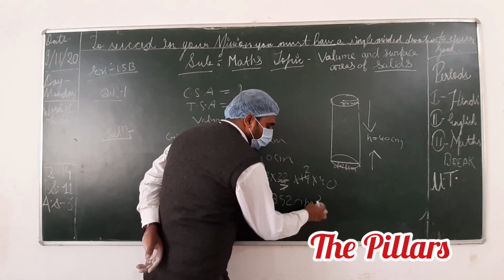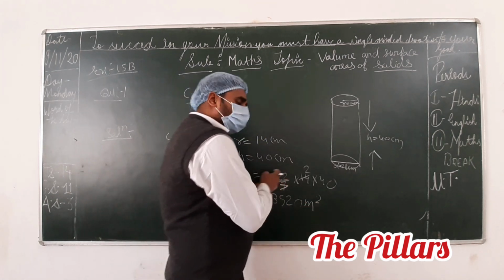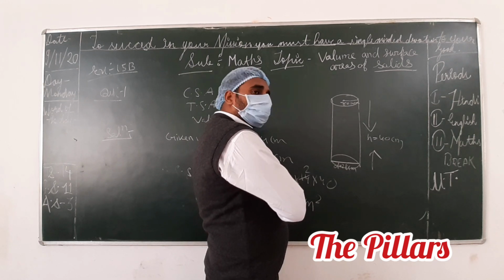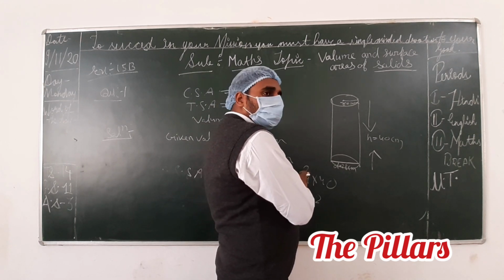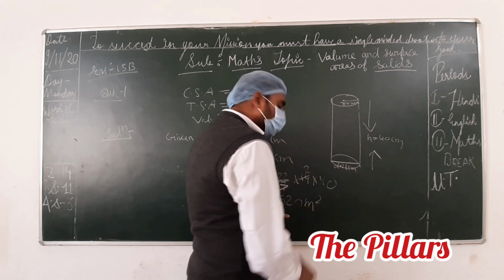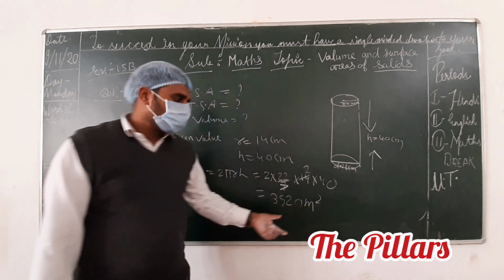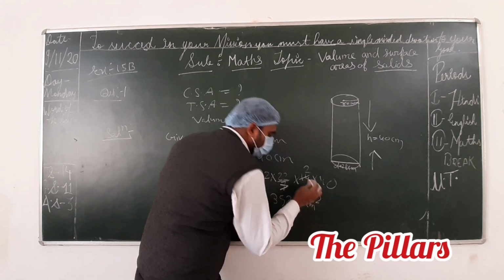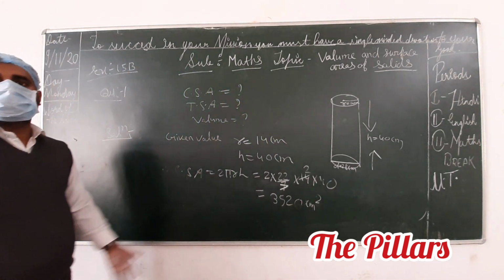This is the centimeter square. You see how we calculate that? 22 2s are 44, 44 2s are 88, 88 4s are 352, and you mention 1 zero here. This is the centimeter square. This is the CSA.